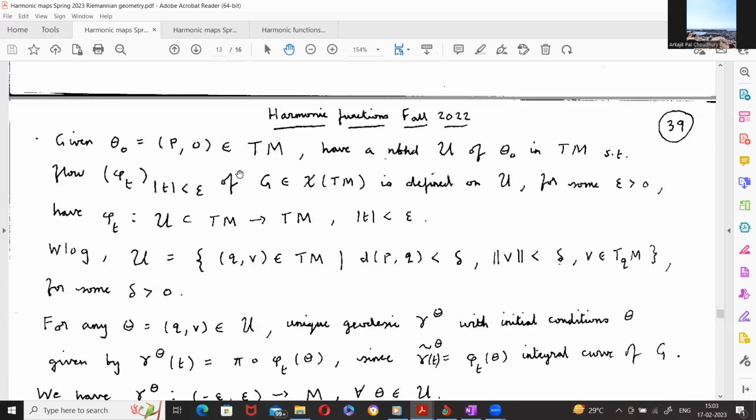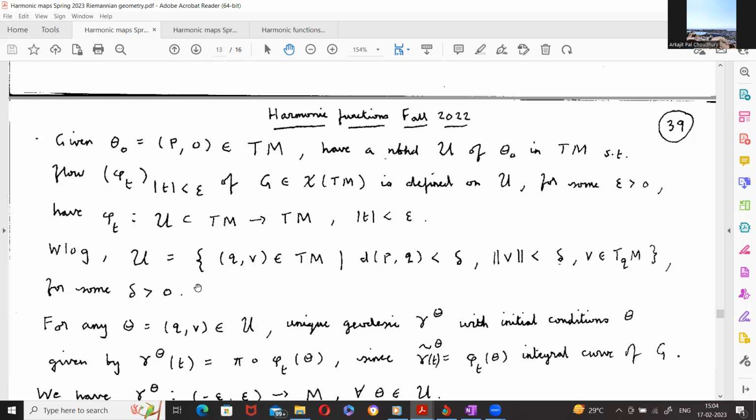And also the vector V is going to be close to the 0 vector, so the norm of V will be less than some delta. So I can take this neighborhood to be of this form, (Q, V) in the tangent bundle, where the distance of P, Q is less than delta and the norm of V is less than delta.